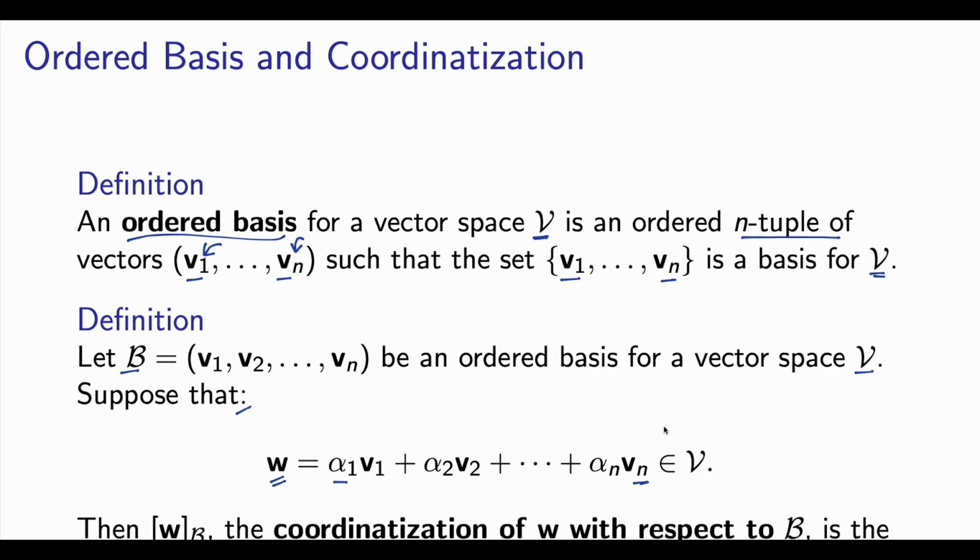So basis properties means the basis can span V. Any element of V can be written as a linear combination of the basis vectors.